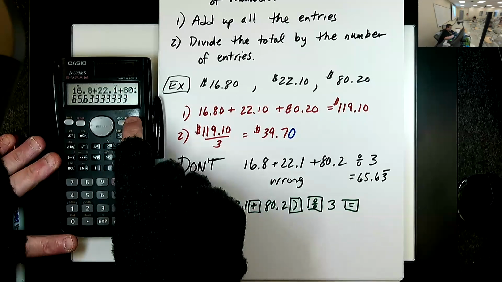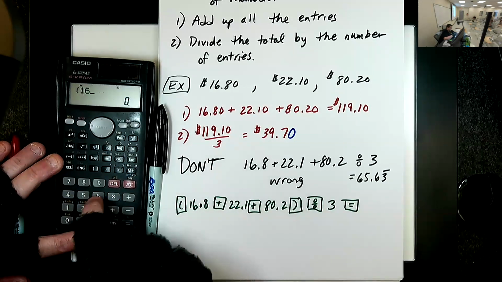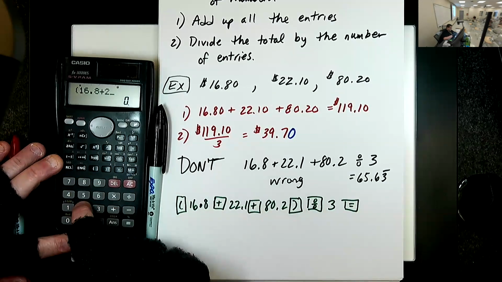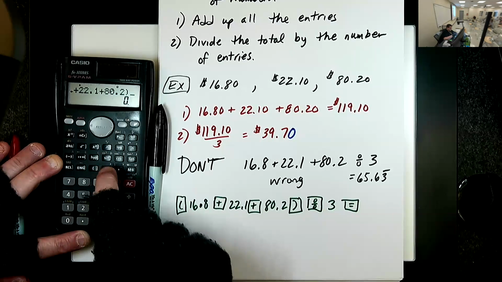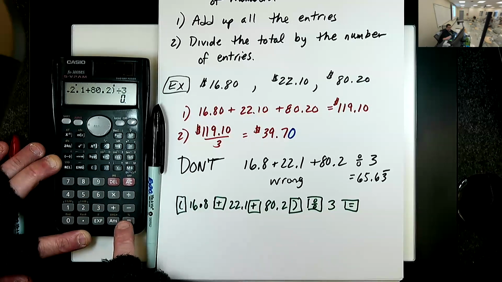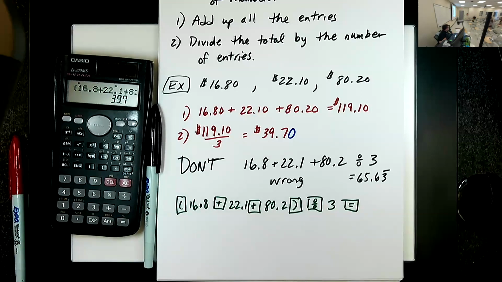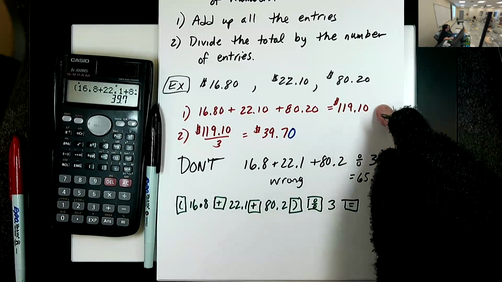If I do that combination, hopefully I didn't fat finger the calculator. It gives me the right answer. Chances are you're going to forget the parentheses. It's easier just to hit equals first and get the total and then divide the total.